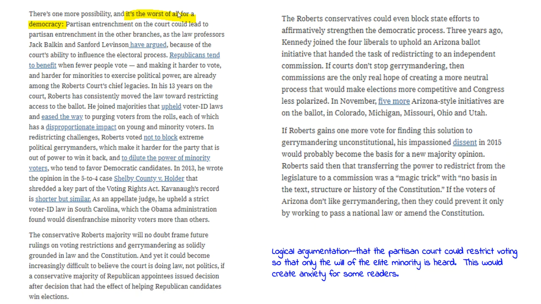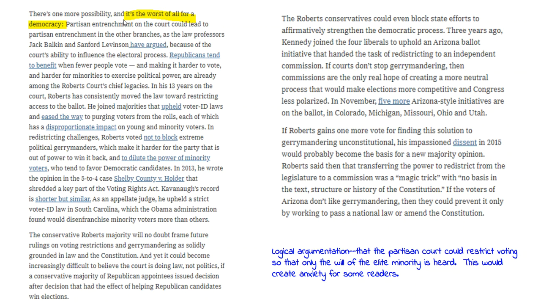More logical argumentation, and here's where she gets scary. And to be fair, she's only scary for somebody who holds the same philosophy that she does.